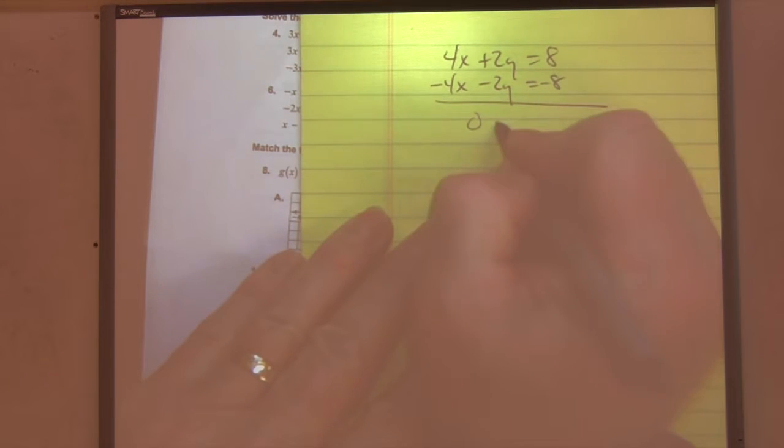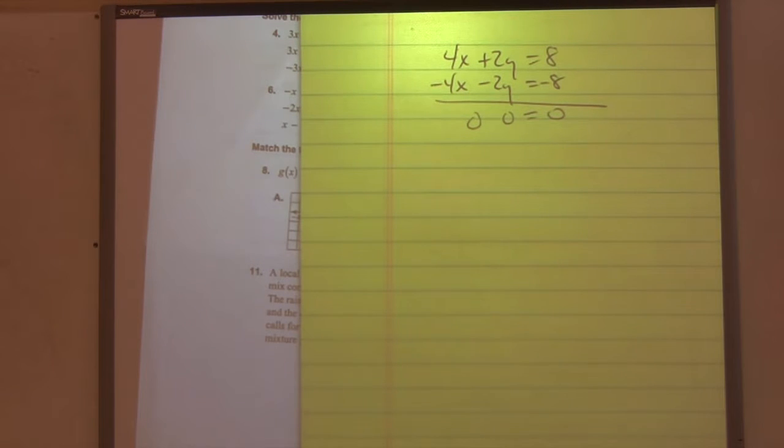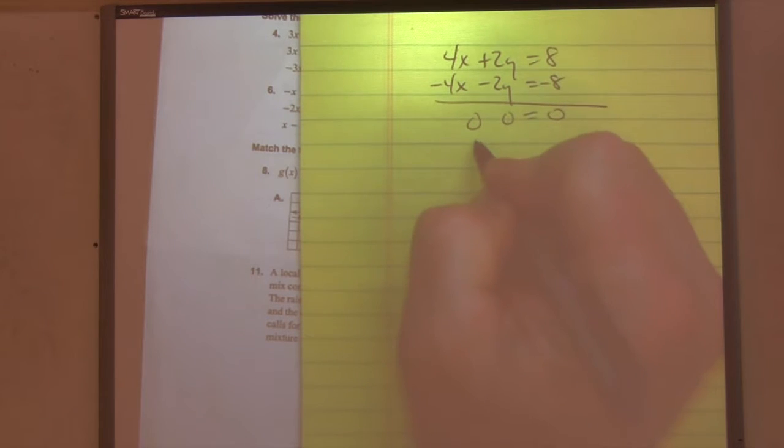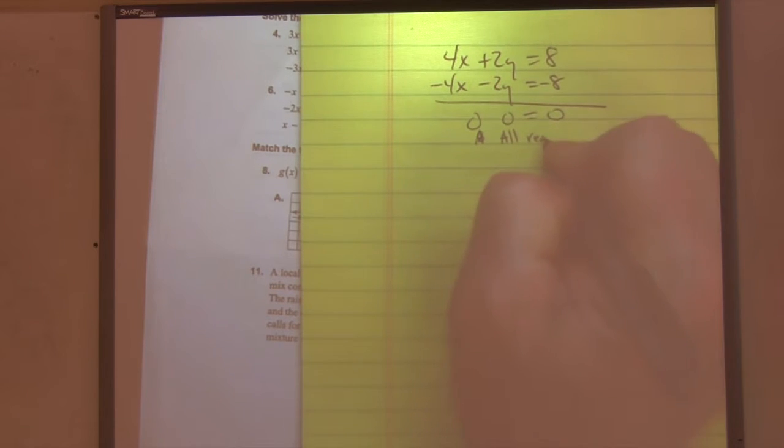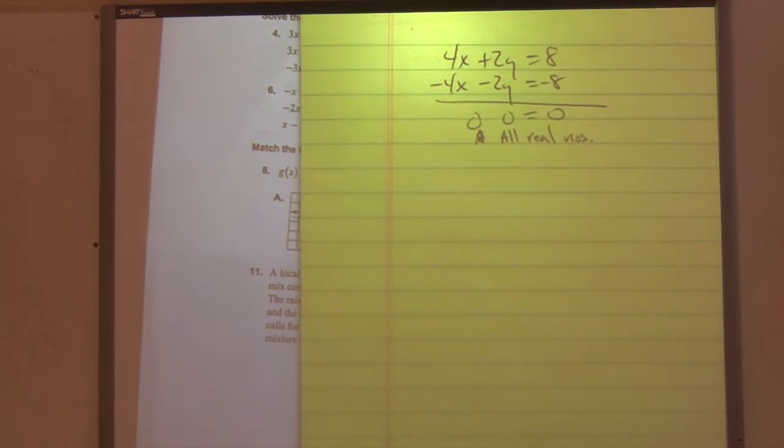Well, when I add those together, I get 0, 0, 0. If you get the case where the left side and right side are equal, then that would be all real numbers work. Okay, I can plug anything in and it will work.